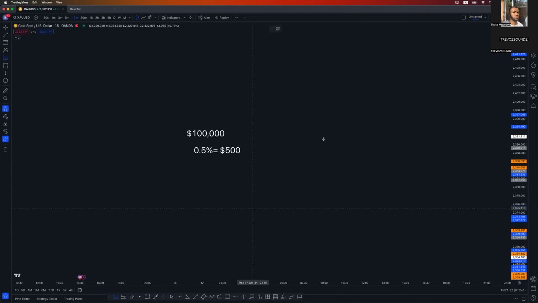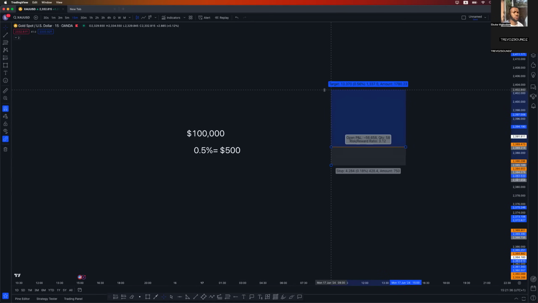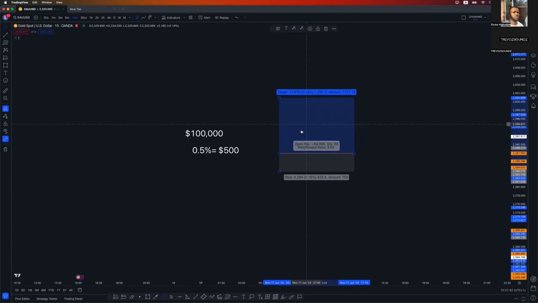Once you are risking this 0.5%, you have to go for at least 1:3 risk to reward. So this hundred thousand dollar account, the 0.5% should be $500.